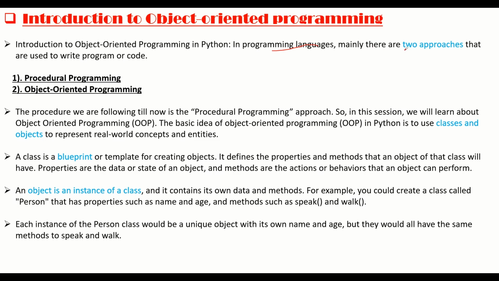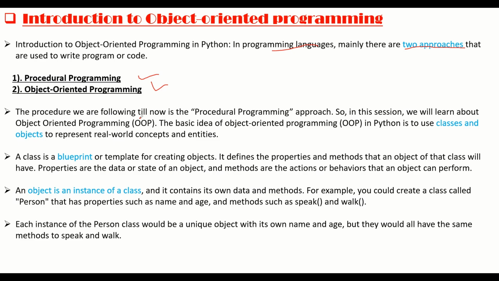In programming languages, mainly there are two approaches that are used to write a program or code. The first approach is procedural programming, and the second approach is object-oriented programming, which is our today's topic.